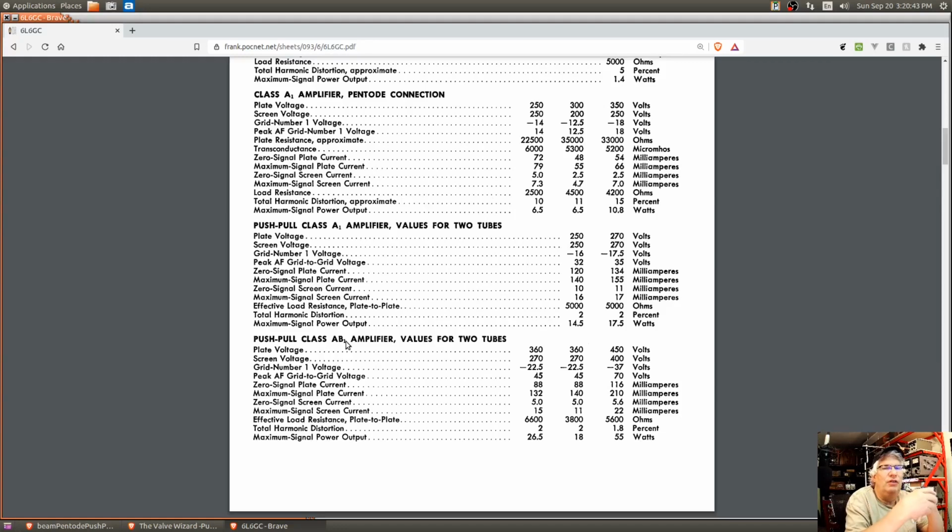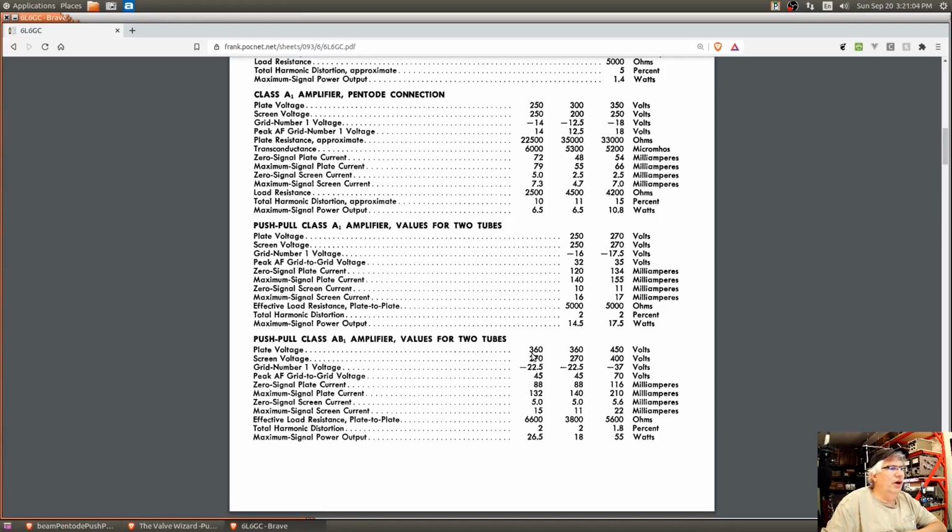But let's look at the viewer's question. The viewer asks, why does the output impedance of the transformer decrease as the plate voltage increases? Let's look at the first column and the second column.